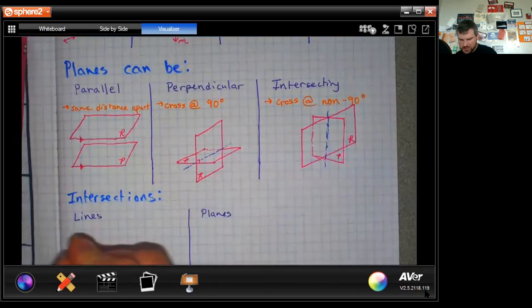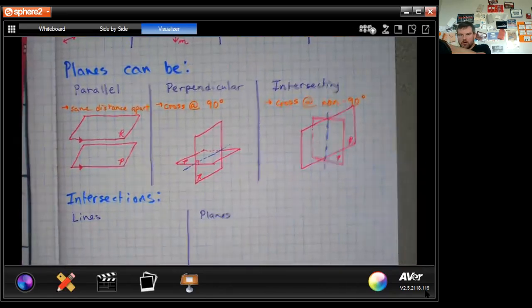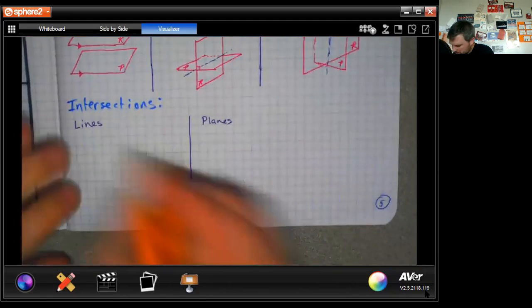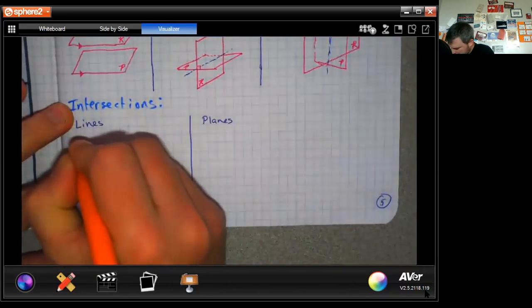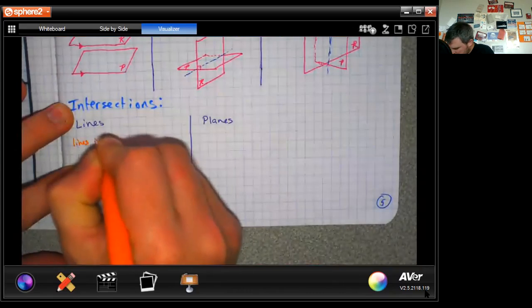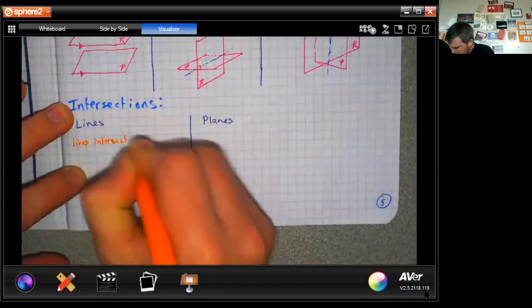So lines intersect to create a single point.